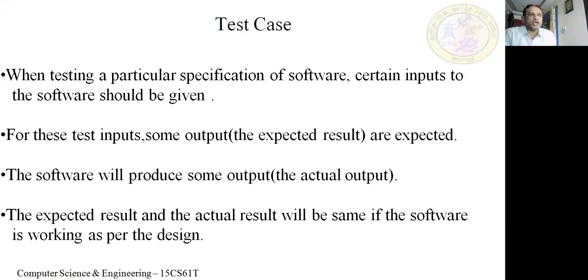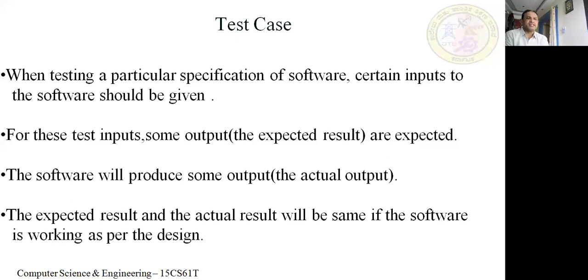When testing a particular specification of software, certain inputs to the software should be given. For these test inputs, some output is expected. Whenever we give some input value, the output will always be generated. The output may be correct or may be wrong, depending on your values. The software will produce some output, that is the actual output.